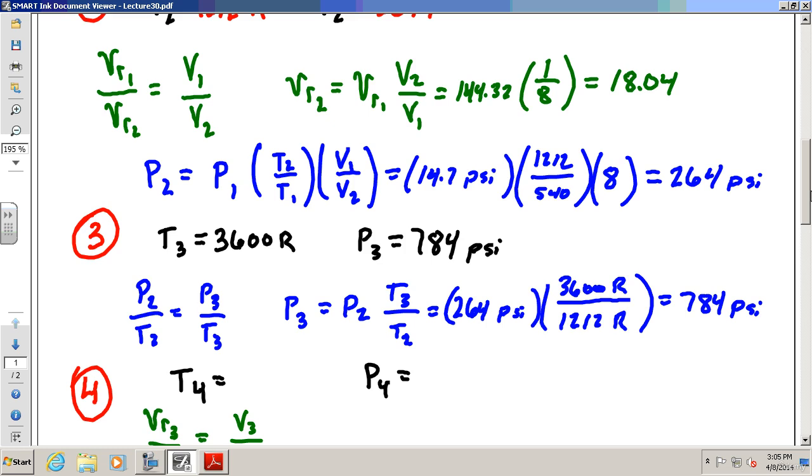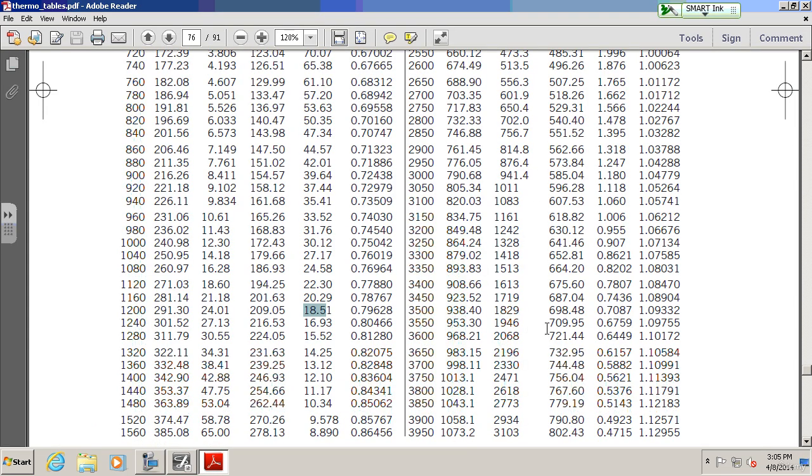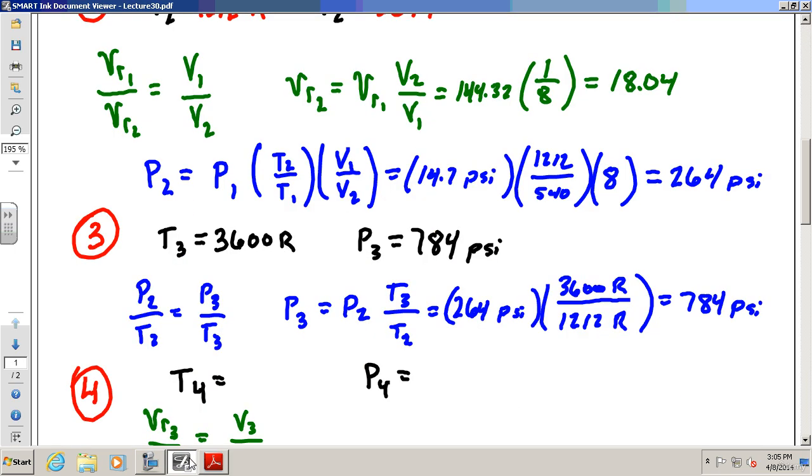I have to look up its VR3 in the book. If you go back to your table, state 3 is 3600 Rankine, so that's nice, that's in our table. Here it is: VR3 is 0.6449.